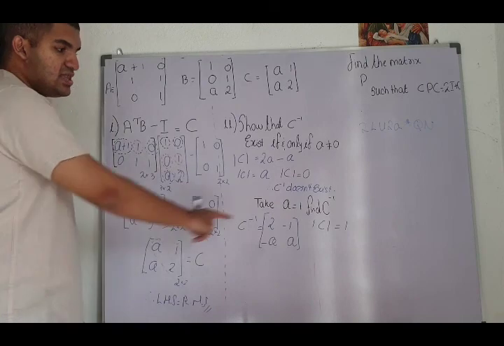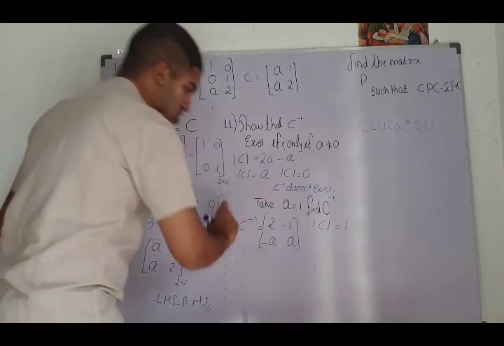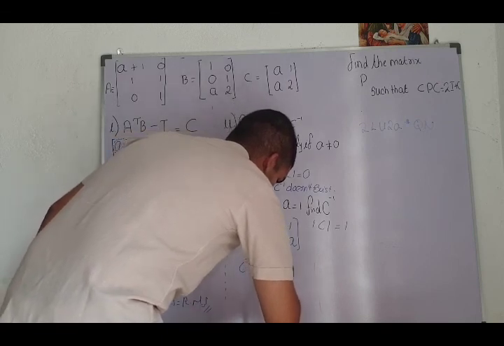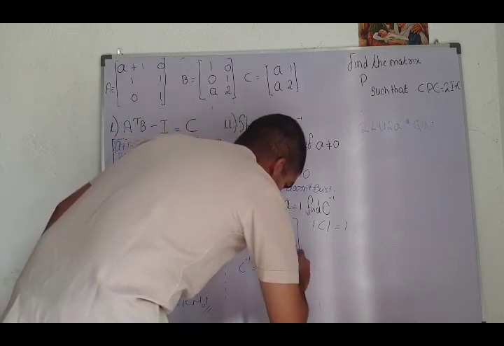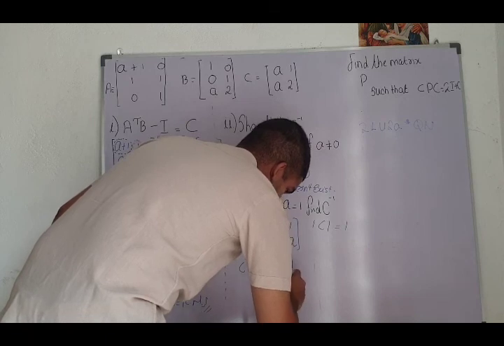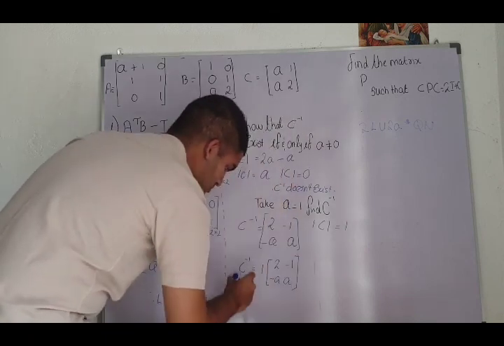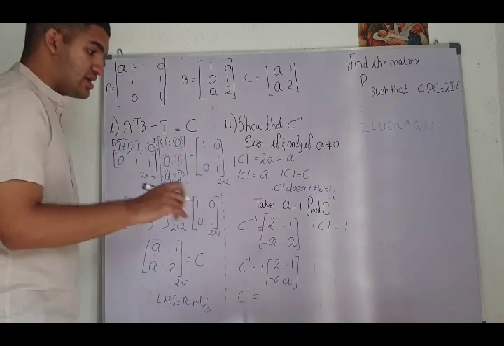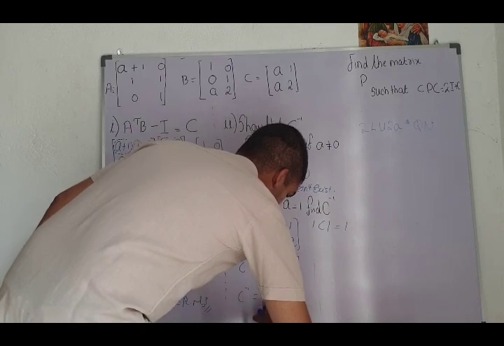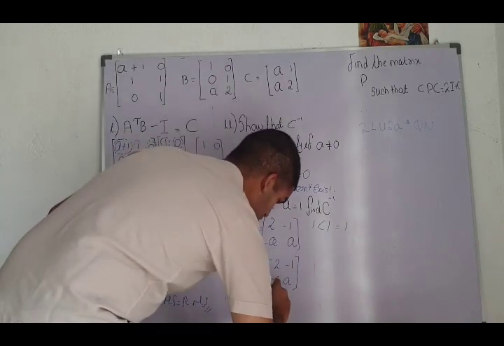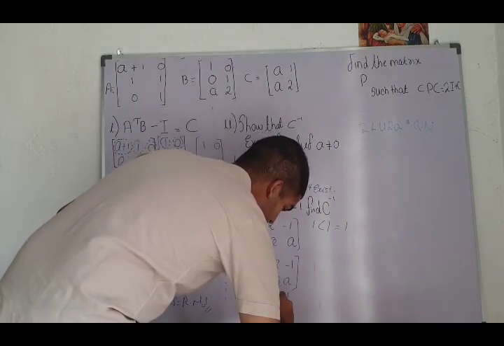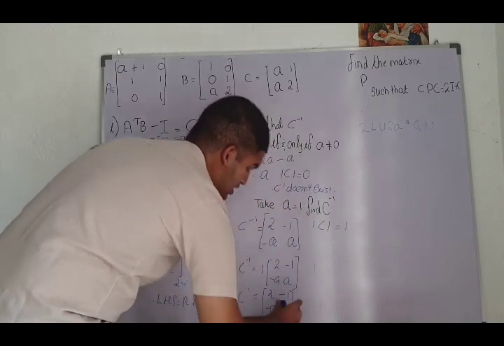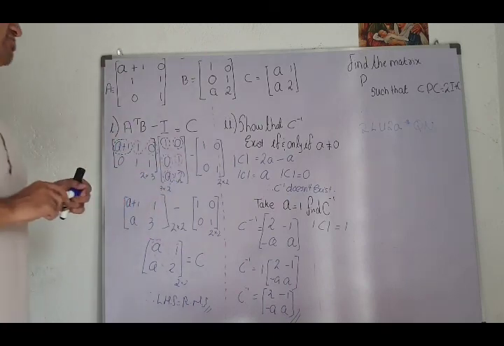Not to forget that there is a modulus of C; this modulus value we should multiply. 1 into anything is that number, right? So C inverse is going to be equal to 2, minus 1, minus A, and A. So that's the end of that question.